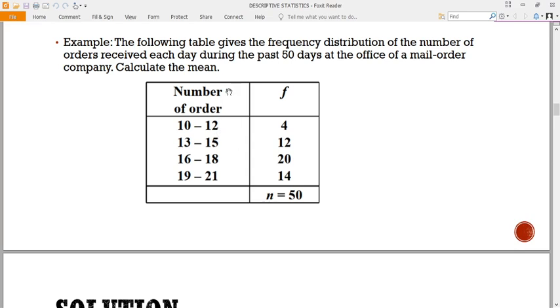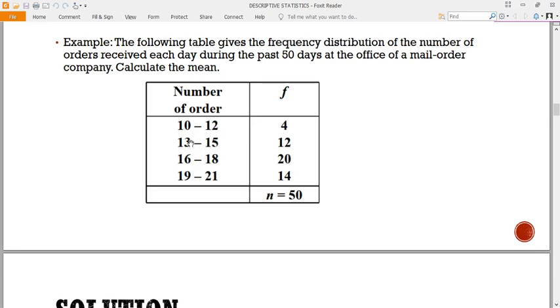be to create class boundaries, whereby if this is 10, my first class boundary, the lower boundary will be 10 minus 0.5, which is 9.5. And then the upper boundary will be 12 plus 0.5, which is 12.5.